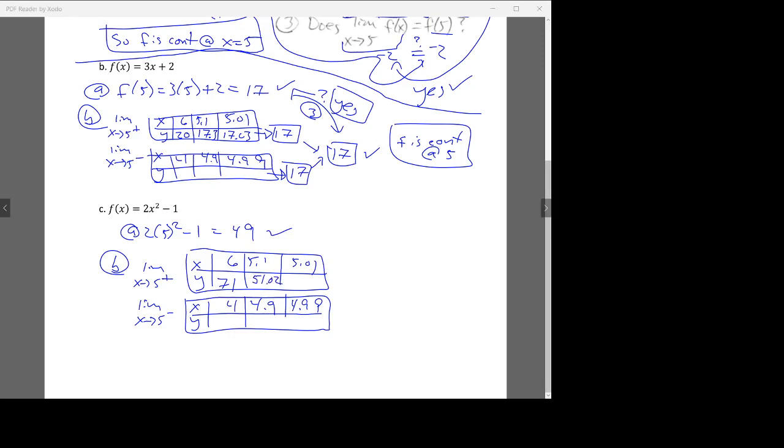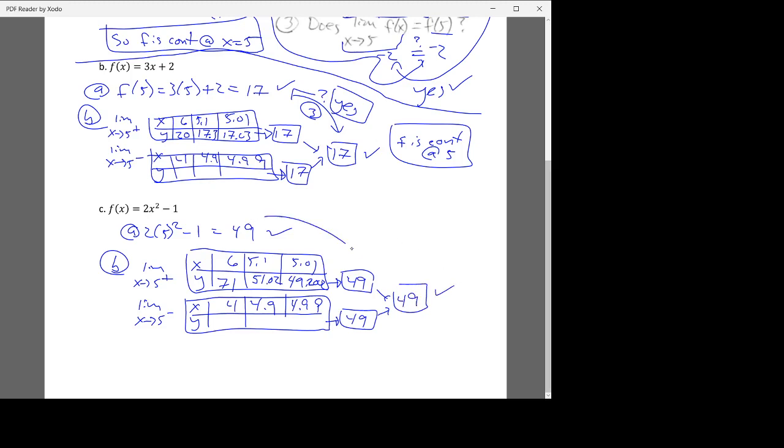And then if I take that next one, 5.01 times 5.01 times 2 minus 1, I get 49.2002. So anyway, if you do a couple more of them, you'll see those are getting close to 49. And the same down here, you'll see that we're going to get to 49. I'll leave that as an exercise to the reader.